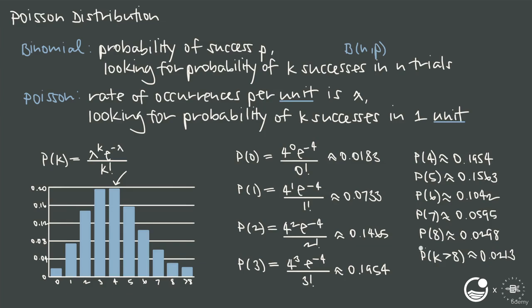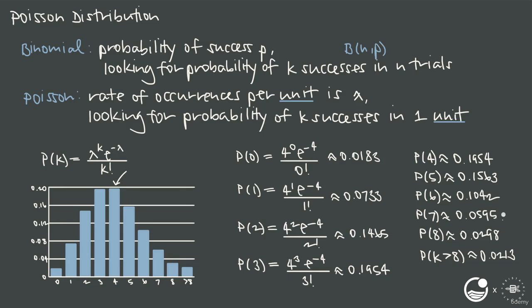And then instead of calculating the probability that they receive 9 emails, remember that because probability always sums to 1, we took 1 and then we subtracted all of these values that we calculated up through k equals 8. So we took 1 minus 0.0183, minus 0.0733, minus 0.1465, etc., continuing to subtract values all the way until we got to this last value and we subtracted 0.0298.